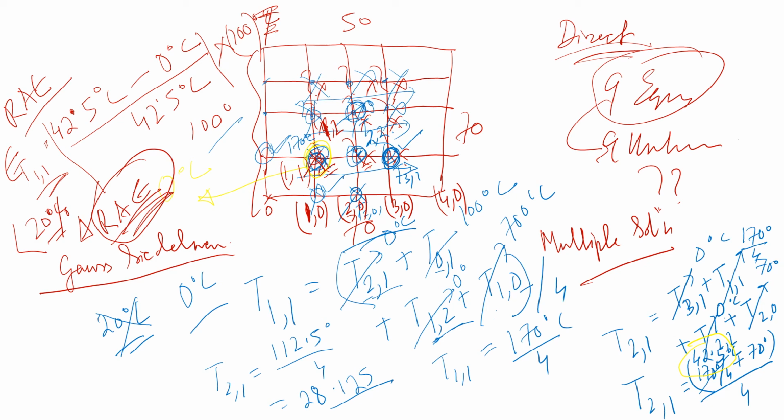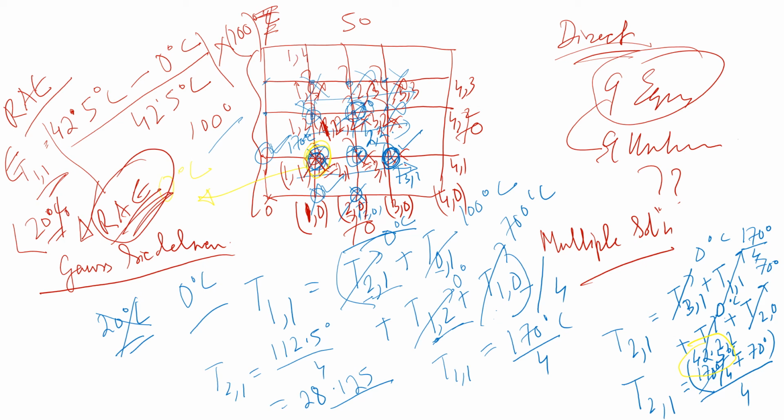So this is 1 1, this is 2 1, this is 3 1, this is 4 1. Then you move to that point. This will be your 1 2, 2 2, 3 2, 4 2. Then move into this point. This will be your 1 3, 2 3, 3 3, 4 3.